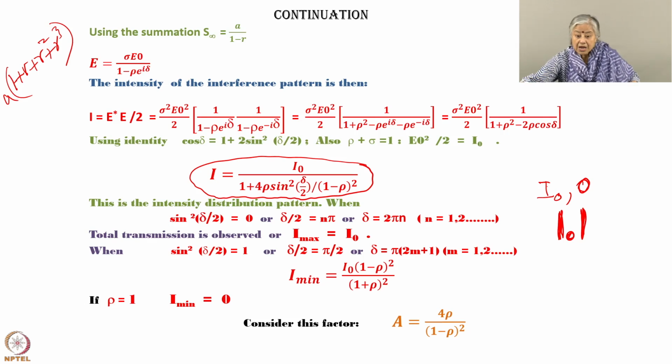Now we want to describe this factor. Not this factor, sorry, this is when it is I minimum. Just consider the factor here. You have a 4 rho over 1 minus rho whole square.